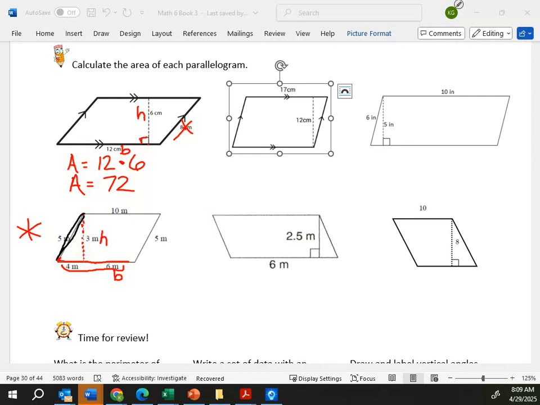Remember to find my video on my YouTube channel. Look for my playlist, Math 6, 20, 24, 25. Tomorrow's date is 4:30, so you'll get to see that 4:30 video tomorrow to learn about the area of triangles and trapezoids. Trapezoids are a new shape for us, so I don't want you trying to work ahead on it.